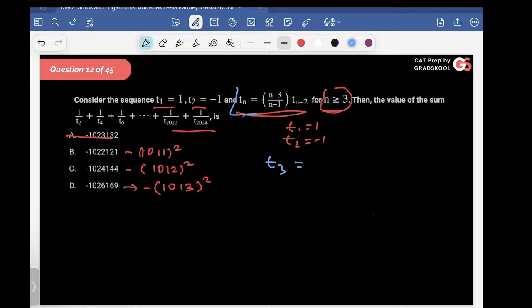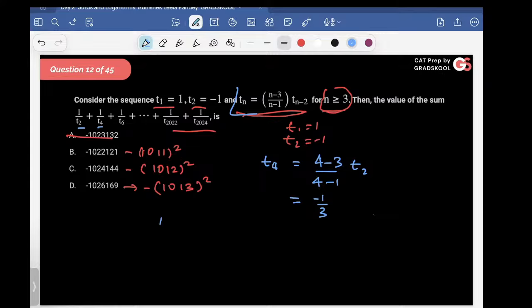Let's calculate T4. So T4 is equal to (4 minus 3) upon (4 minus 1), right? And T of 4 minus 1 is T3, so I'll get 1 by 3 times T2. What is T2? Minus 1. So minus 1 by 3 is the value of T4.